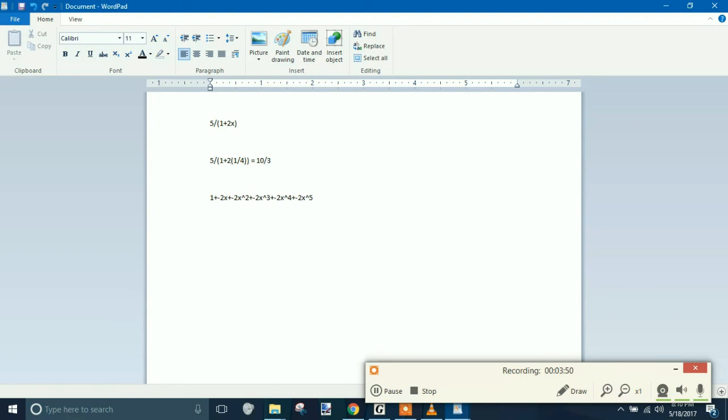And that's going to end up with 1 minus 2x plus 4x squared minus 8x cubed plus 16x fourth minus 32x to the power of 5.